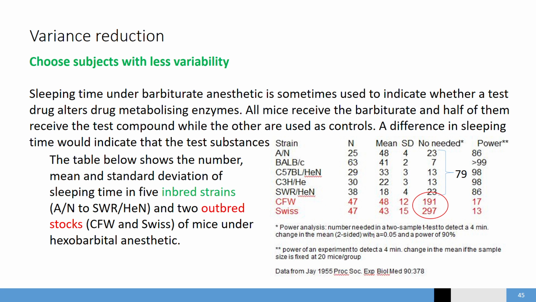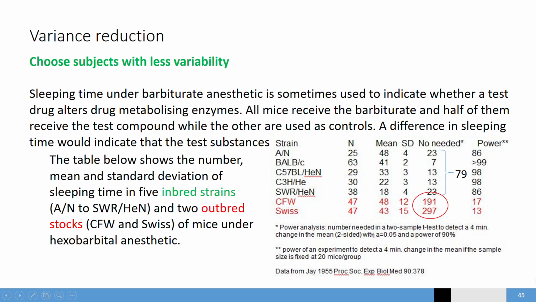And let's say that we will do an experiment in which we want to see if by applying some extra compound to the anesthesia, we can change the recovery time.